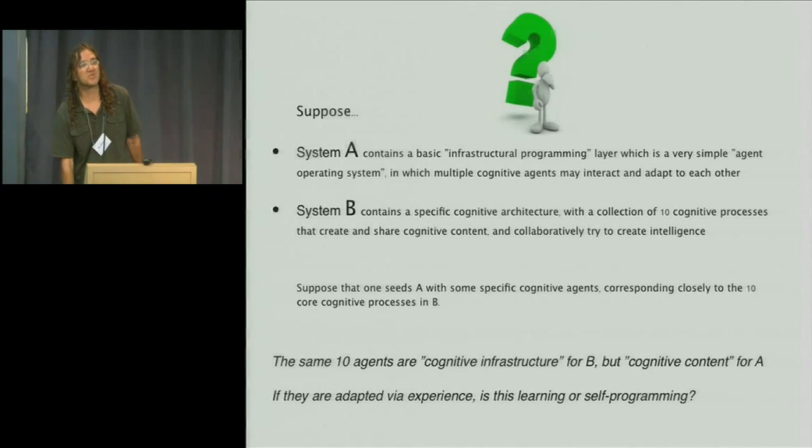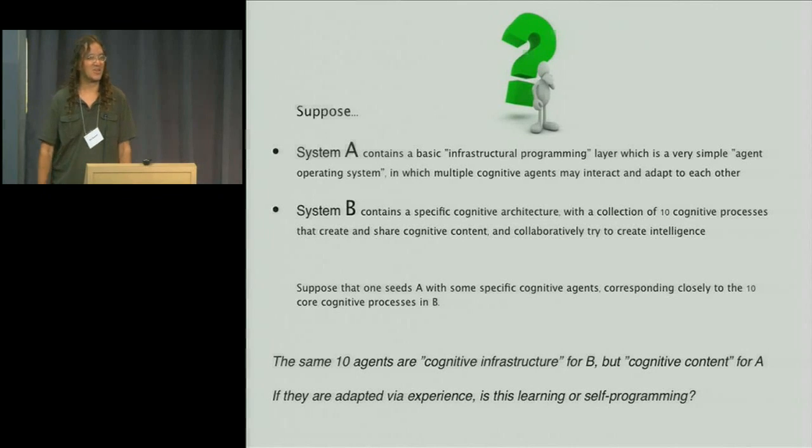But then suppose in your agent operating system, system A, you implement 10 agents that are identical to B's hardwired cognitive processes. Then what you have here is, in case B, these 10 agents are part of the infrastructure. In system A, those same 10 agents are cognitive content. They're agents that are programmed as content within the system. So if the same 10 cognitive agents are infrastructure for B, but they're cognitive content for A, if those are adapted via learning, is that learning or self-programming, right?